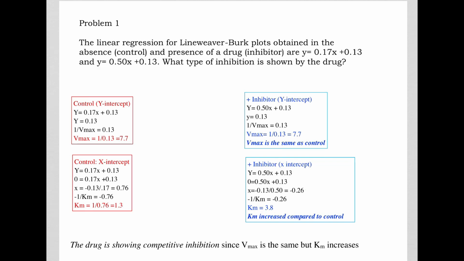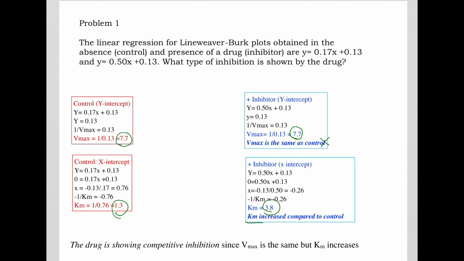So now we compare the values. For the control, Vmax is 7.7, and in the presence of the drug it is also 7.7. So the Vmax has not changed. Km for the control is 1.3, and Km for the enzyme-catalyzed reaction in the presence of the drug is 3.8.